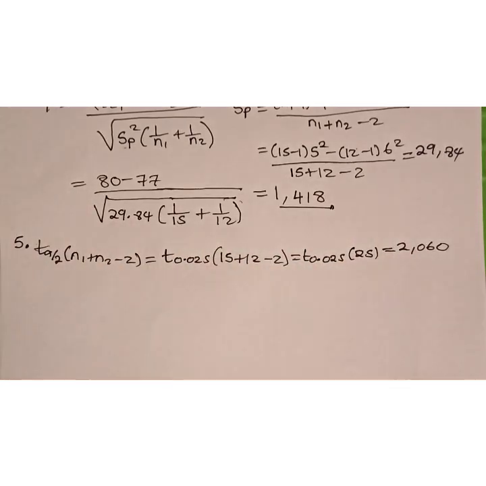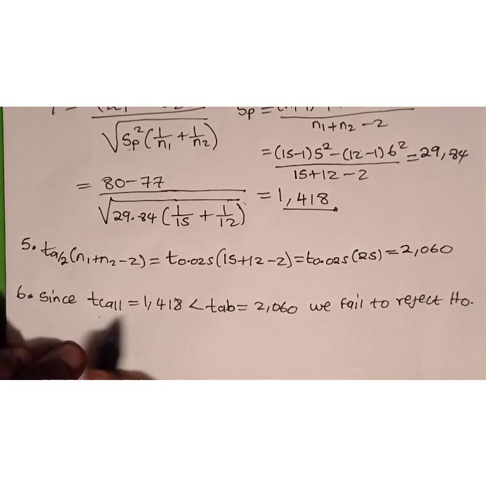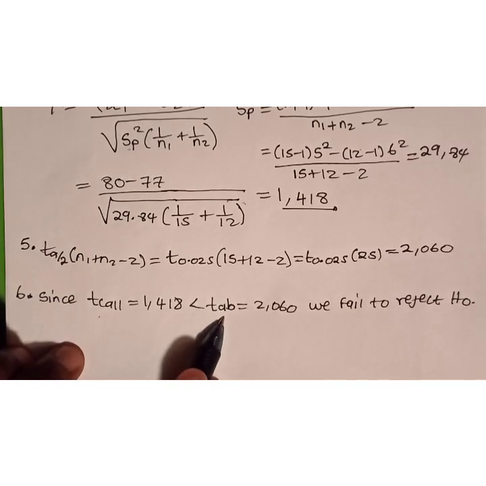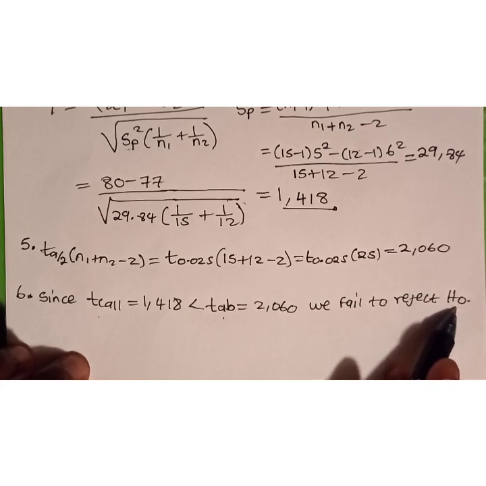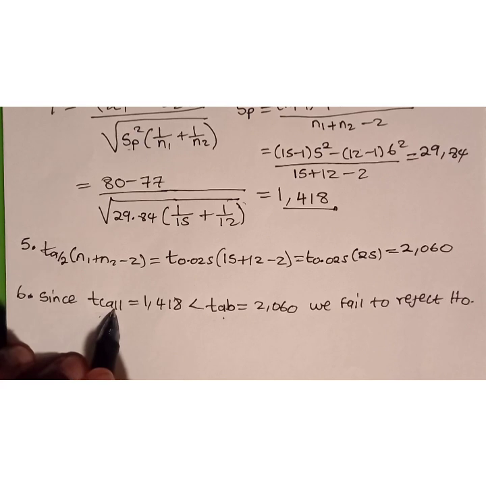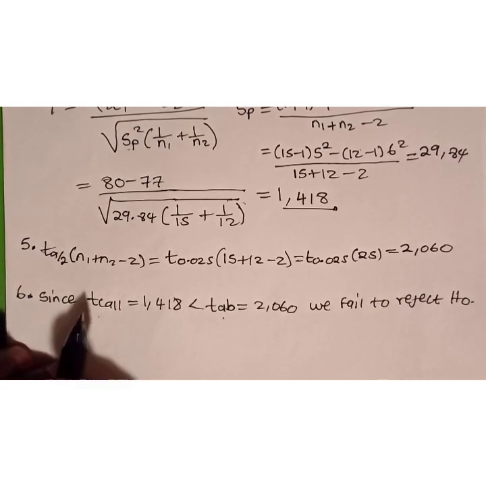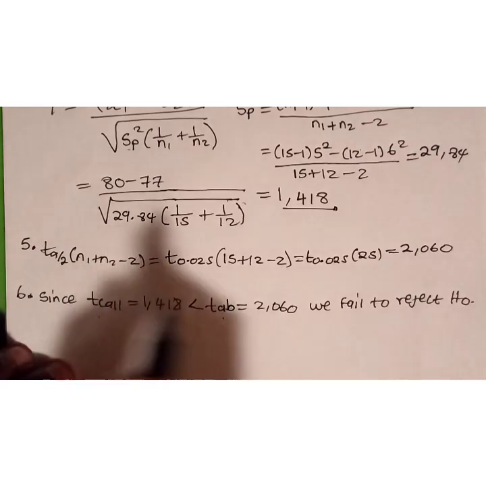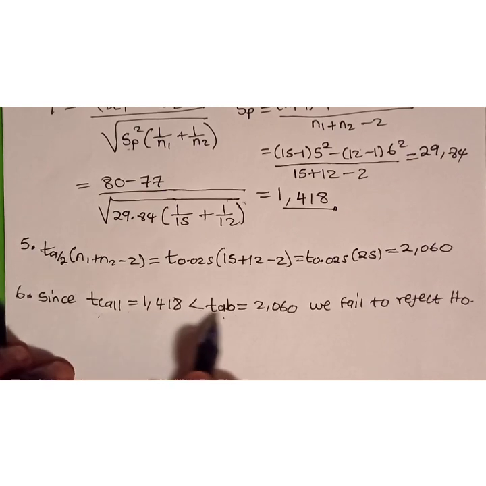So what do I say on the decision, step number 6? Since t cal is less than t tabulated, we fail to reject H0. Remember, we only reject H0 if t cal is bigger than t tabulated. If the calculated value is bigger than the tabulated value, we reject H0. But since it's less than, we fail to reject.